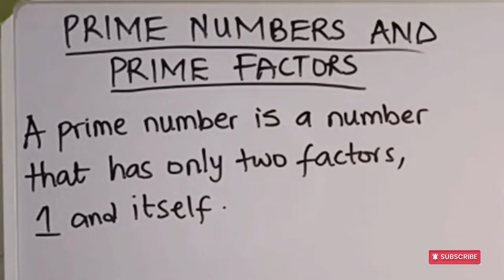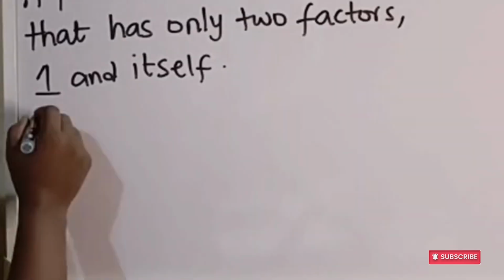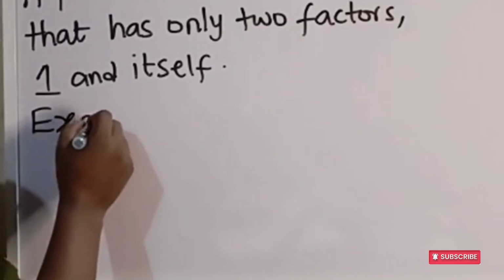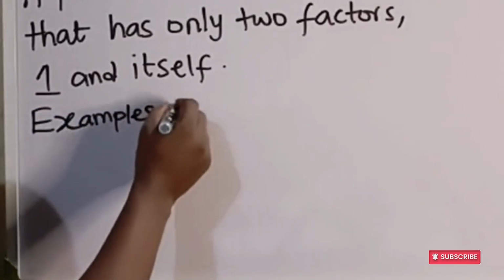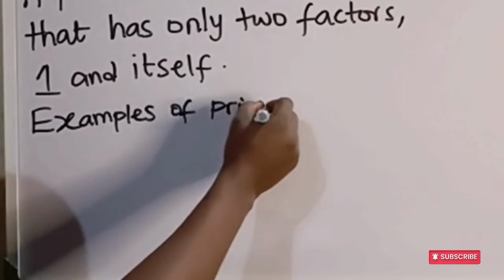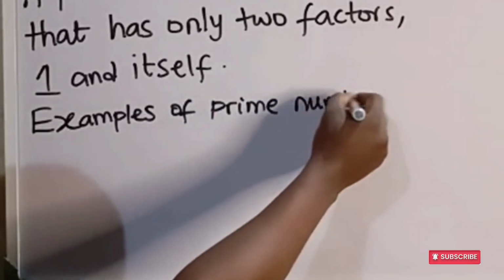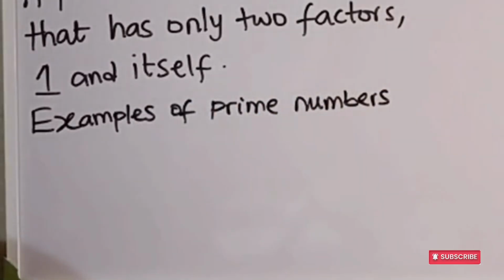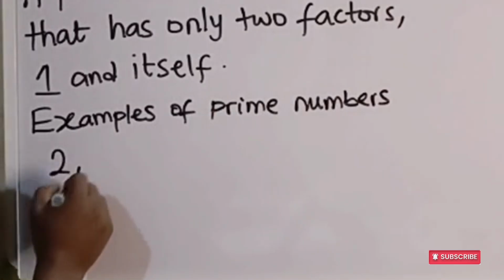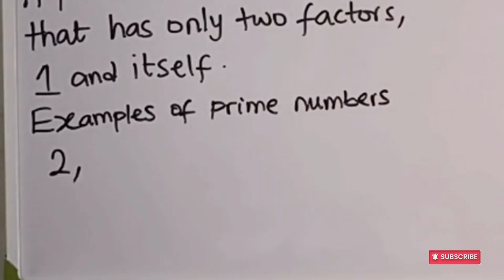So let's look at some examples of prime numbers. We have 2. 2 is a prime number because it can only be divided by two numbers without leaving a remainder. 2 divided by 1 is 2, and 2 divided by 2 is 1.